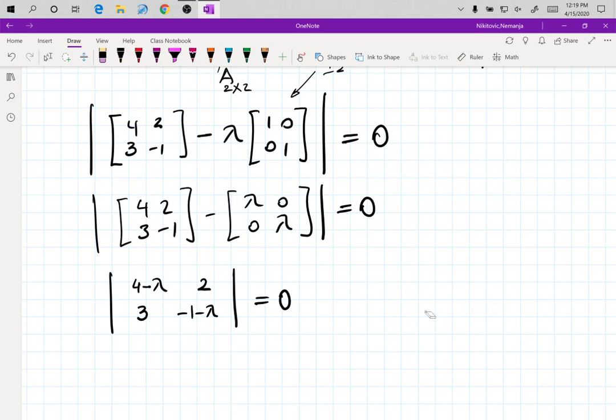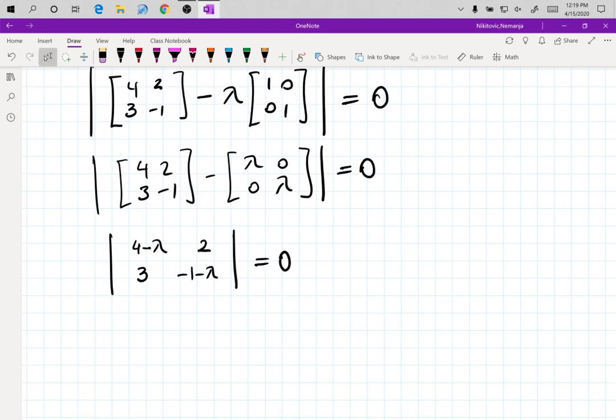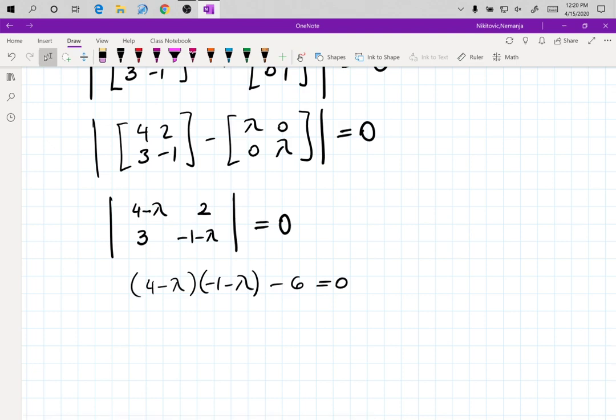So we need to solve this, right? You know what to do. That's going to give you 4 minus lambda times negative 1 minus lambda minus 6 equal to 0. Now you have to FOIL here. If you multiply both of these parentheses by negative 1, this is a trick for quick calculation.